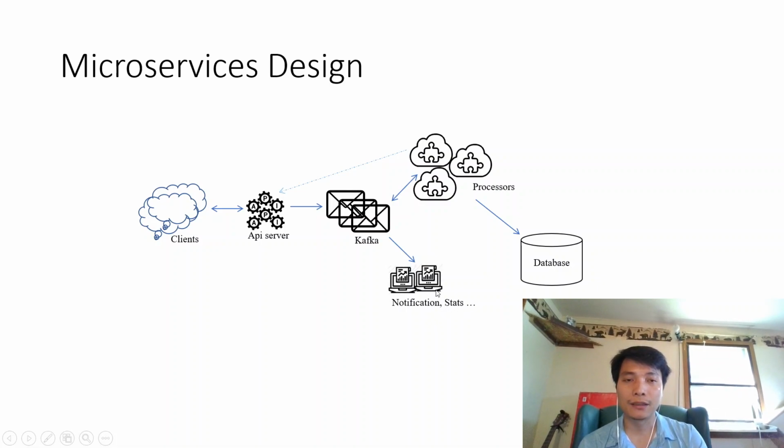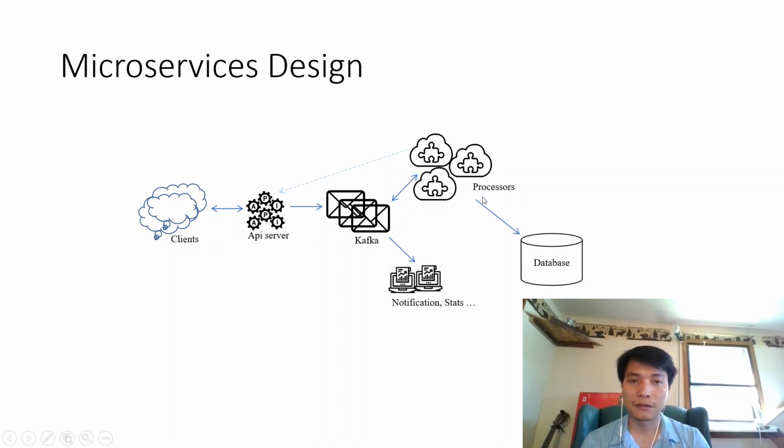With this design, we can scale up several parts of the application. For example, the API server just handles simple tasks, so we can handle it with a single node with a little higher resource, but not expensive.